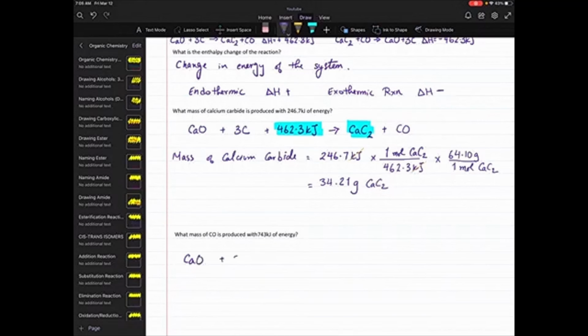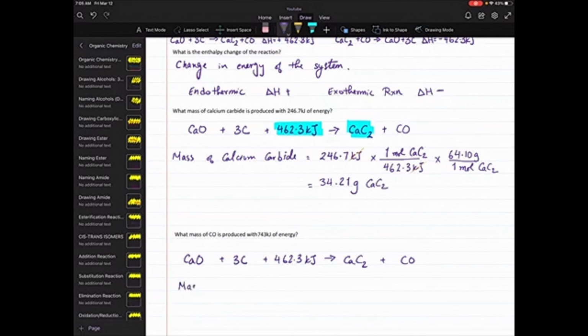Calcium oxide plus 3 carbons plus 462.3 kilojoules of energy forms calcium carbide plus carbon monoxide. And in this scenario, we have the amount of energy given to us as 743 kilojoules of energy. And we are looking for the mass of CO.